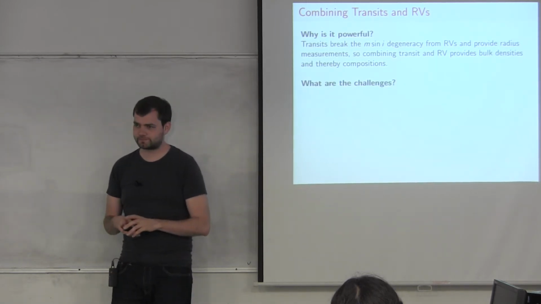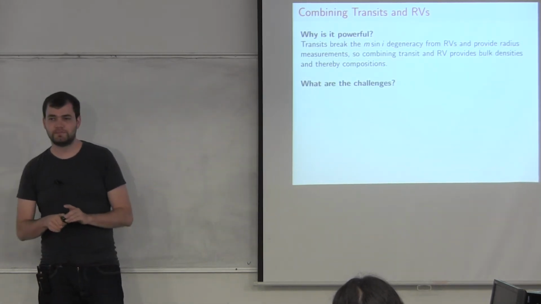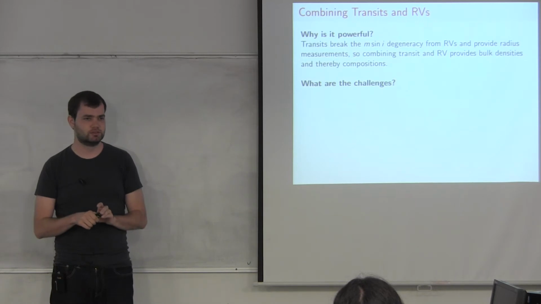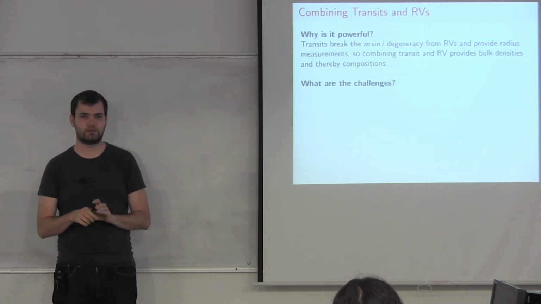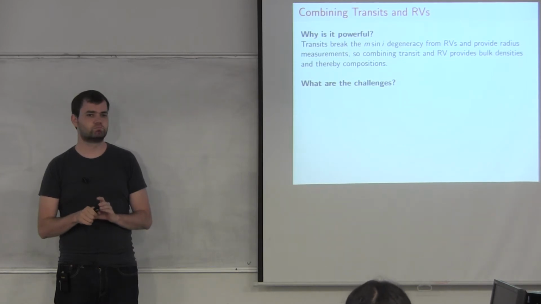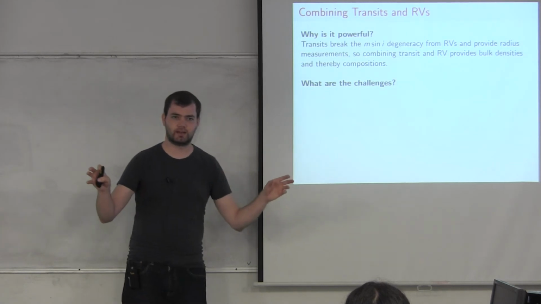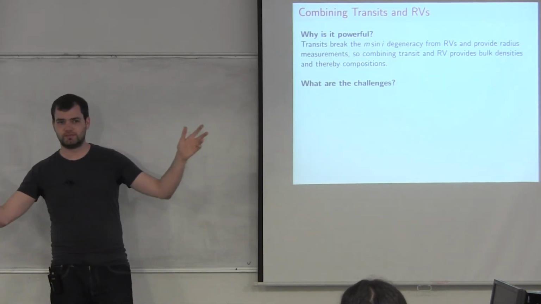Challenges? Anyone? Why is this not always easy, or what are the things we have to overcome to make these kinds of measurements? Instruments? Yeah. So let's say I have a transiting planet, like one with Kepler, a nice transiting planet.